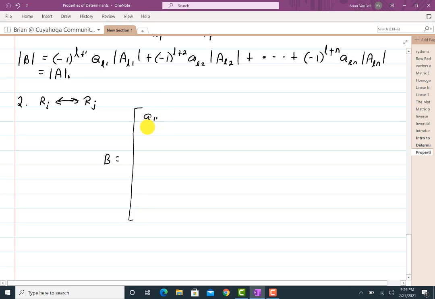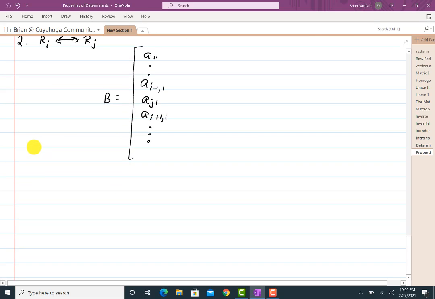I'll have an A11, and I'll come down to, what I want to do is do A(I-1),1, and then I will have A(J),1, and then I'll have A(I+1),1. Just to be on the safe side, I want to make sure that I have all of those things. Keep going. I may need to make my matrix even bigger.